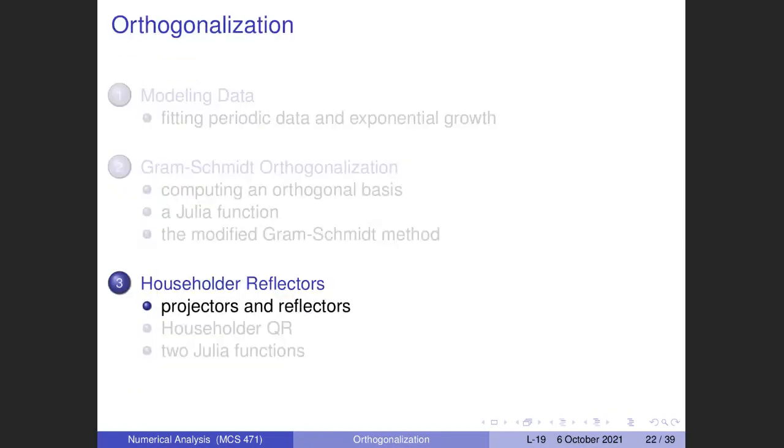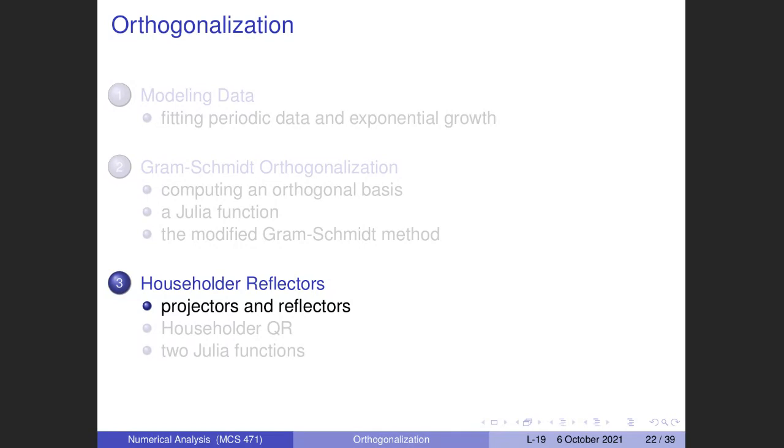So why now see a second method? Well, there are cases where the columns of the matrix are almost linearly dependent on each other.